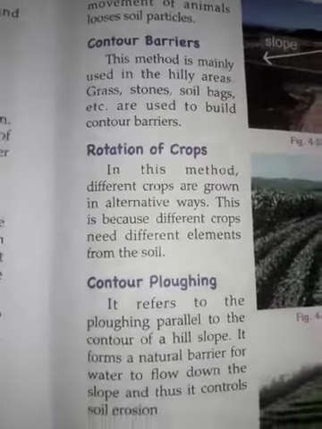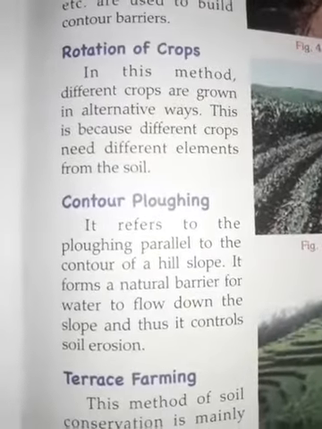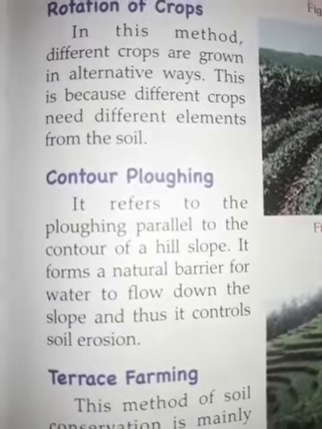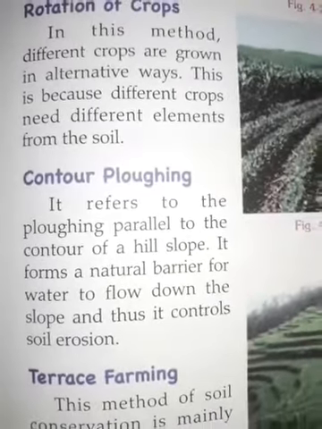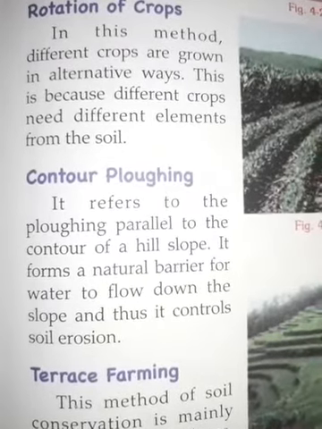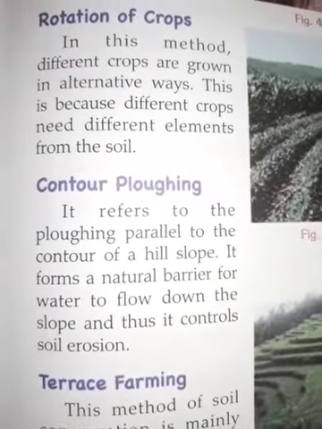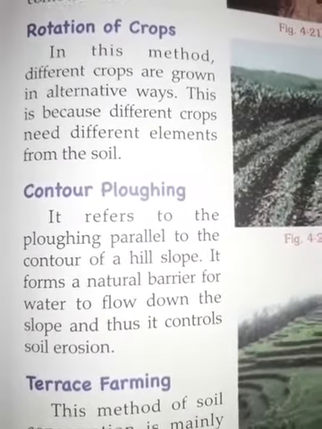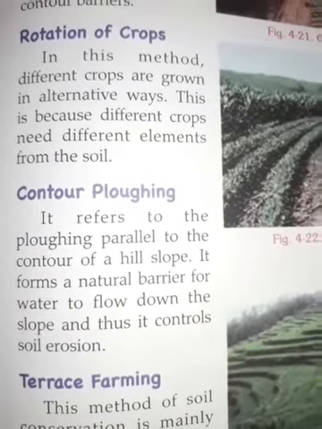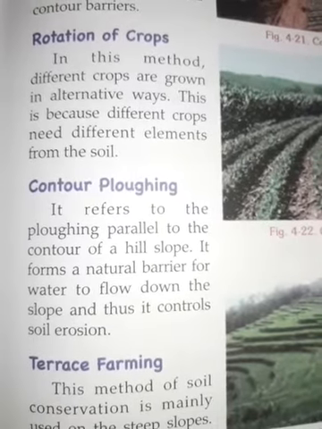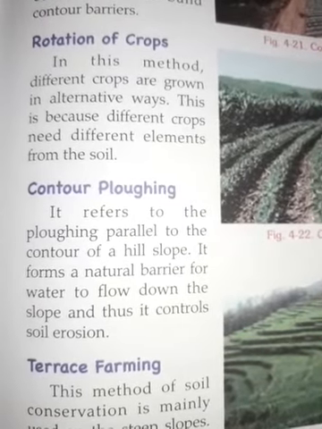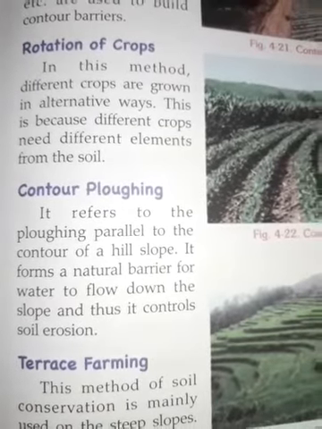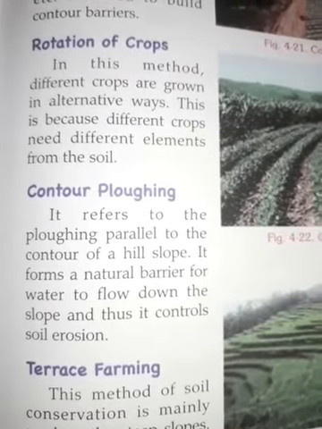Then contour plowing. Contour plowing is also a method used in the hilly or mountainous region, in which a natural barrier is made in the form of contours, which does not allow the water to flow down along with the soil, and in this way soil erosion is stopped.